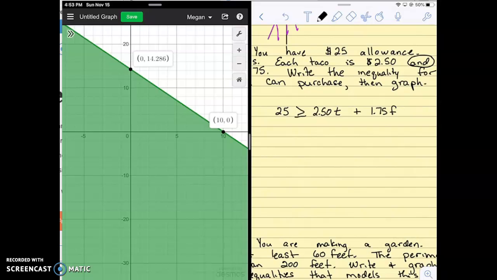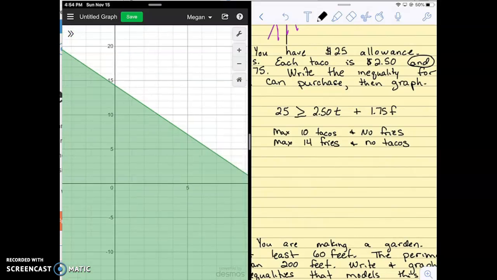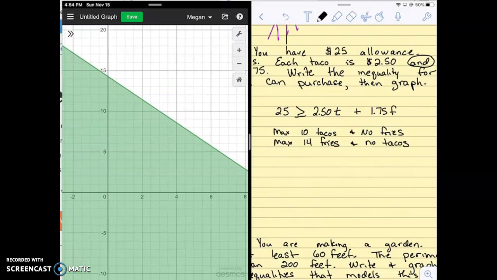So here's what this tells me. I can have a maximum of 10 fries, oh, sorry, not fries, tacos. 10 tacos and no fries, or a maximum of 14 fries and no tacos. But then I can have any number inside the first quadrant.